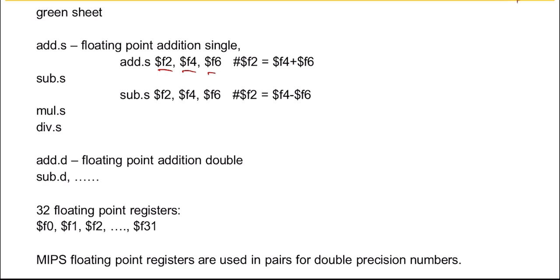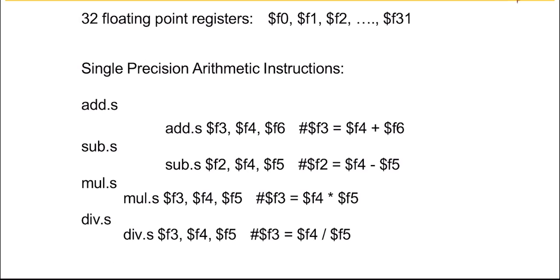The difference between single precision and double precision is that in single precision you can add two things like this and store it in the next register without considering the fact that it can be over 32 bits.